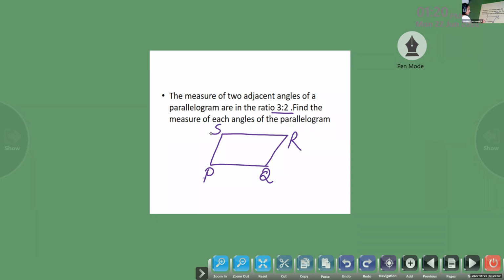Adjacent angles, we will take it as P and Q. They are in the ratio 3 is to 2. So let angle P is to angle Q equal to 3 is to 2.